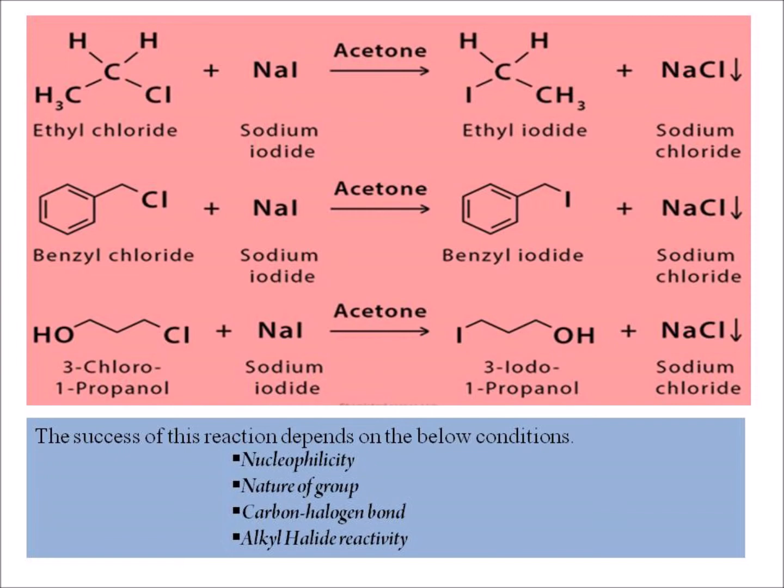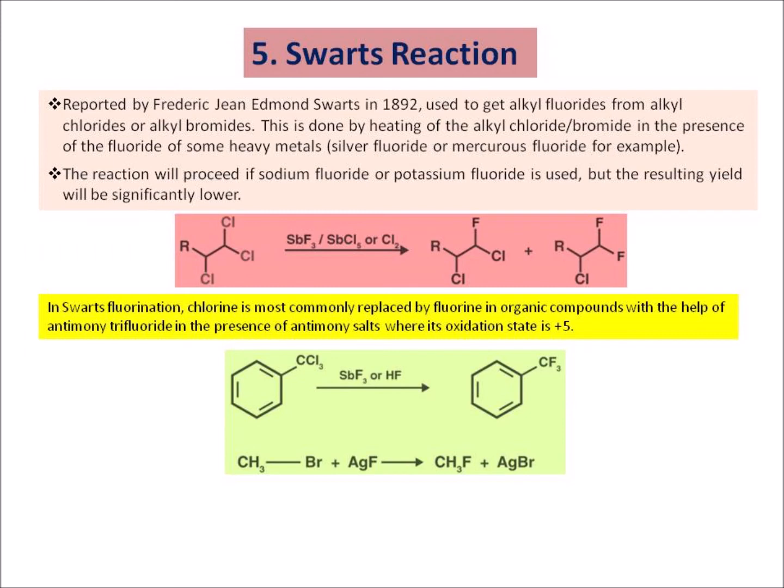The success of this reaction depends on the below conditions: nucleophilicity, nature of group, carbon-halogen bond, alkyl halide reactivity. Next reaction is Swarts reaction, reported by Frédéric Jean Edmond Swarts in 1892, used to get alkyl fluorides from alkyl chlorides or alkyl bromides.